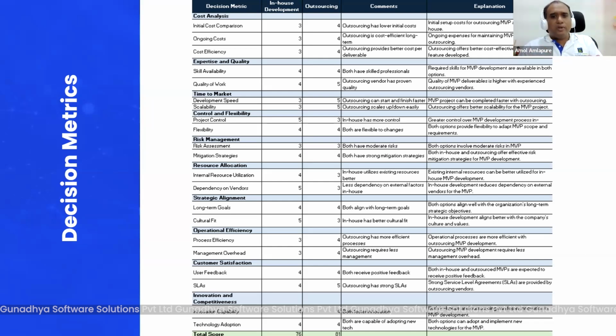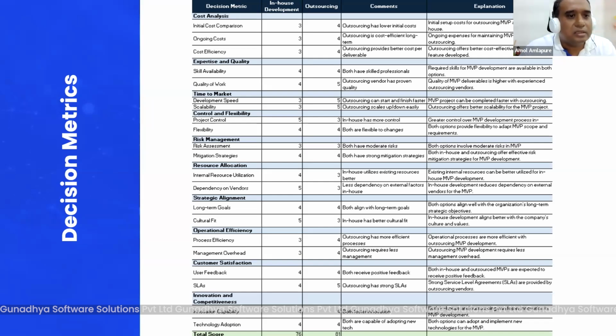So again, I rated 3 and 4. Cost efficiency is the evaluation of cost effectiveness per deliverable. Assuming there's no expertise in-house, cost effectiveness is higher in the case of outsourcing than in-house. So again, 3 and 4.